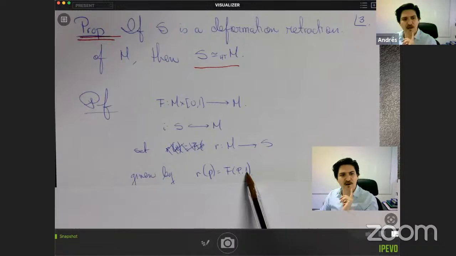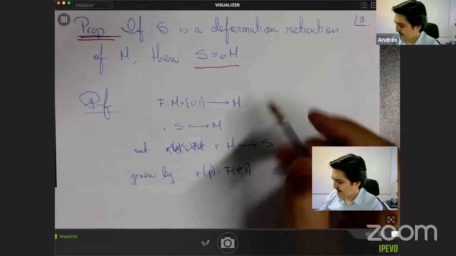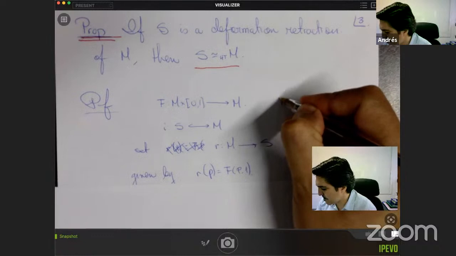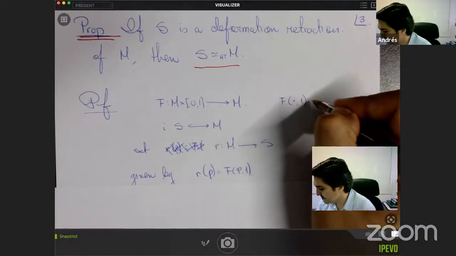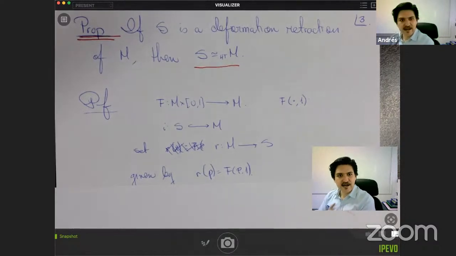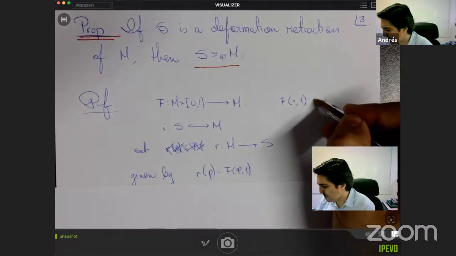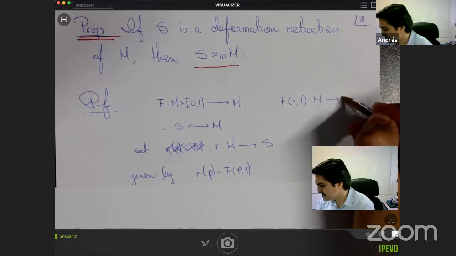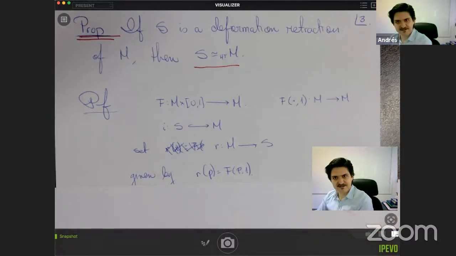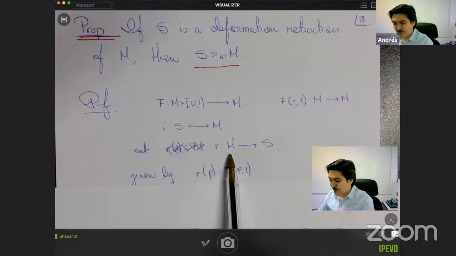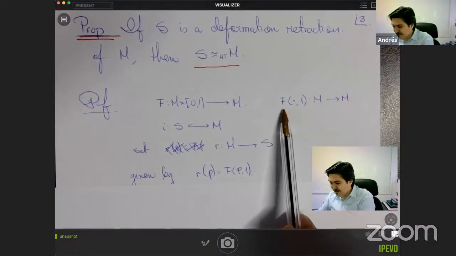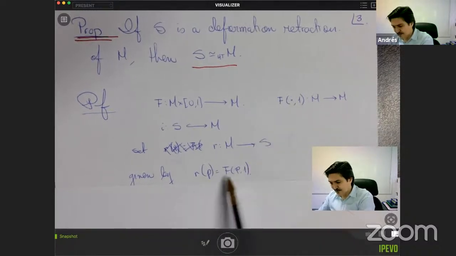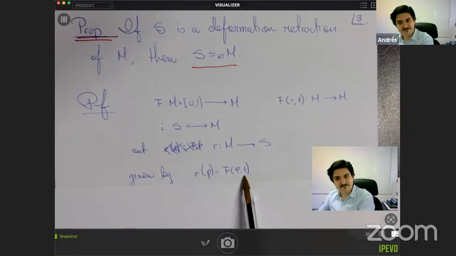Now, note the following. There's a minor thing that you need to consider. That map goes from M to M. However, the function that I want to consider goes from M to S. And because F is a deformation retraction, this map is well defined, right?